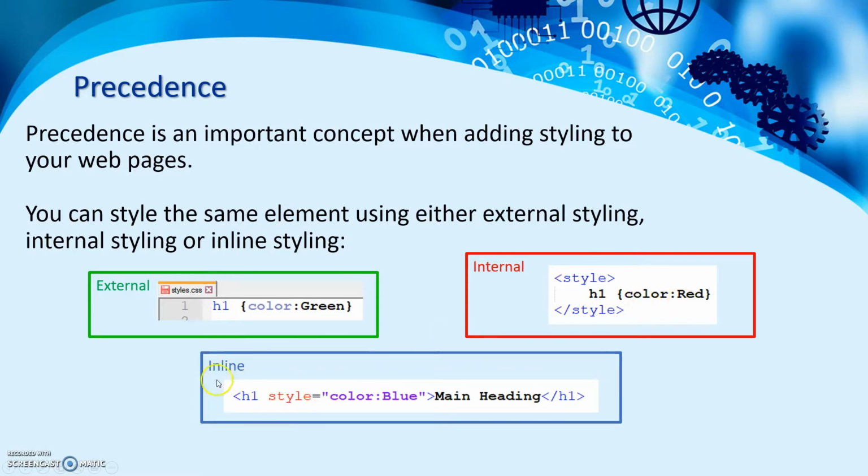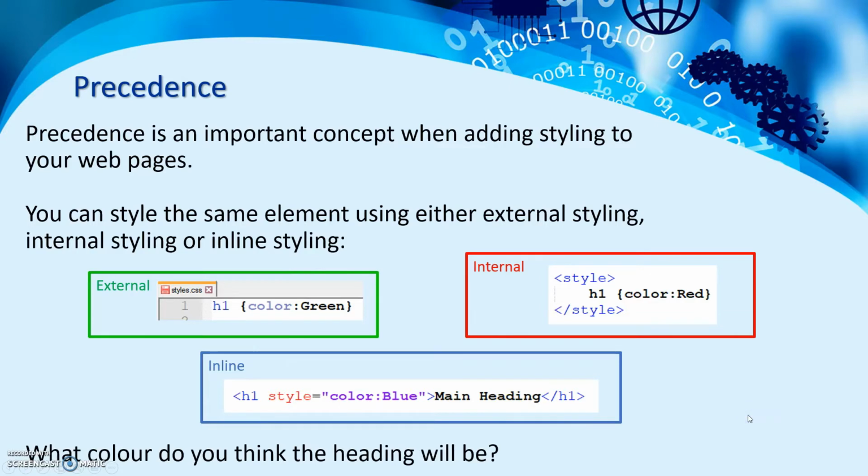And you could do inline styling by adding the style, colour blue, into the actual H1 tag. Okay, so the words main heading, what colour are they actually going to be? And that's the main point of this lesson. What colour will actually take precedence? Would it be green, would it be red, or would it be blue?